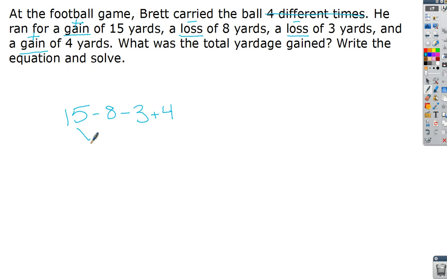We need to break up this problem, so we'll have 15 minus 8 is 7. Bring down that 3 plus 4. Then we have 7 minus 3, which is 4 plus, bringing down our 4. And 4 plus 4 is 8. So 8 is our answer, and he gained 8 yards.